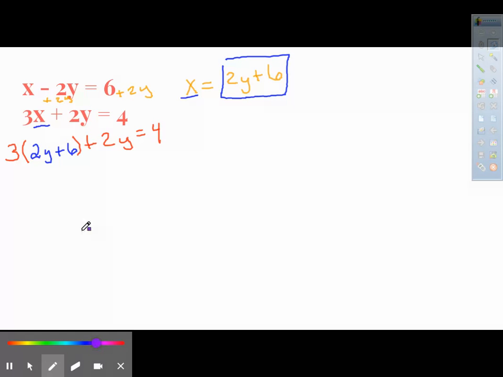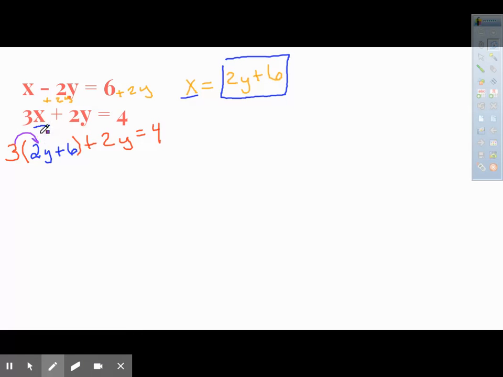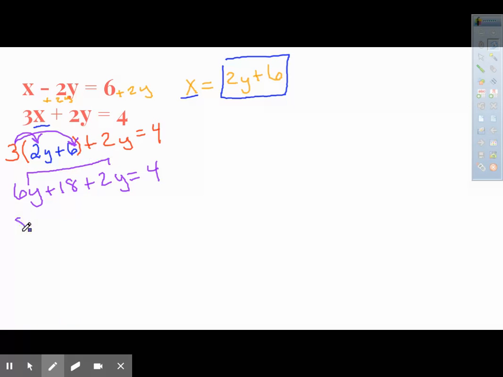Okay. And now we solve. We do 3 times 2y, which is 6y. 3 times 6, which is 18. And then plus 2y equals 4. Now we combine like terms. 6y plus 2y is 8y.